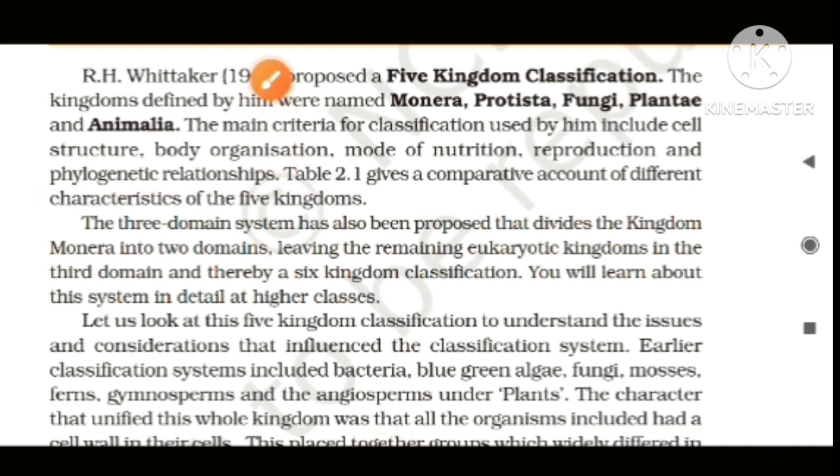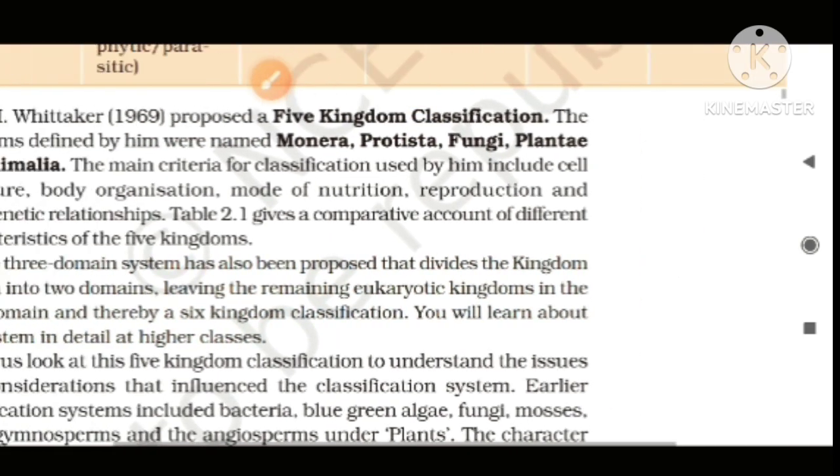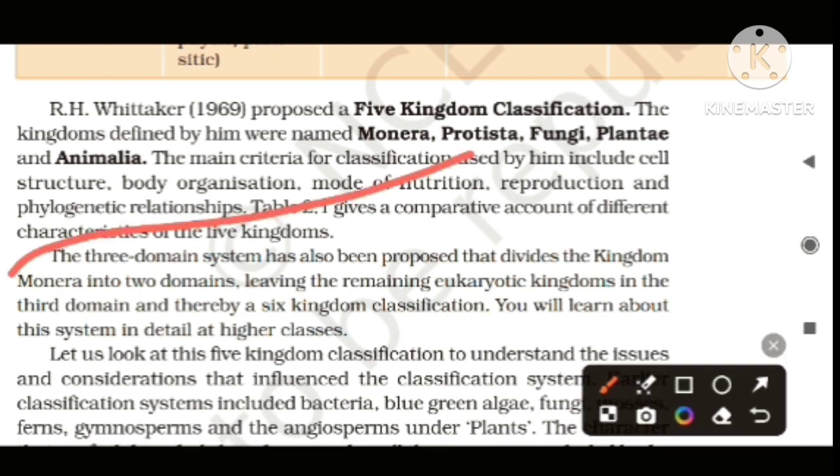Next, table 2.1 gives the comparative account of the different characteristics of the five kingdoms. The three domain system has also been proposed, that divides the kingdom Monera into two domains, leaving the remaining eukaryotic kingdoms in the third domain, and thereby a six kingdom classification. We have three domains.